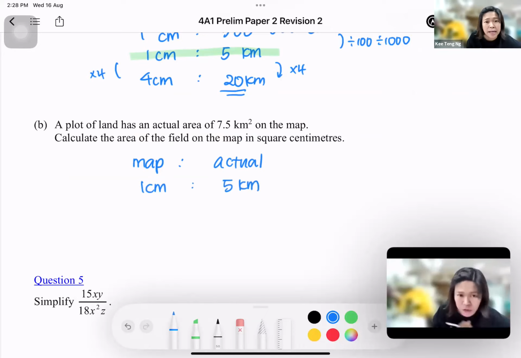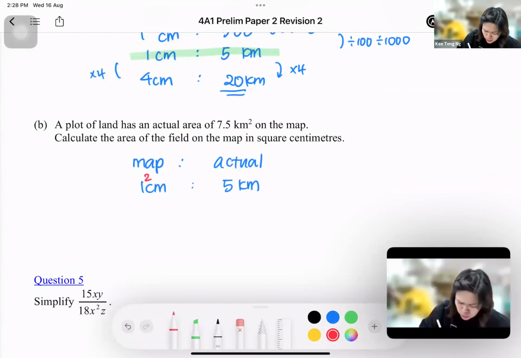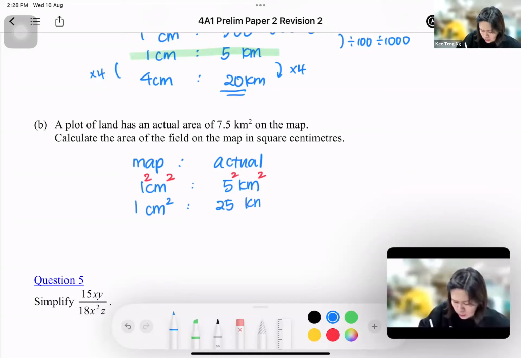But I want to find the area scale. Sarah, what do I need to do to find area scale? Square, correct. We square everything. So 1 cm squared, 5 kilometers squared. Units will have changed. So 1 squared is still 1 cm squared, 5 squared is 25 kilometers squared.